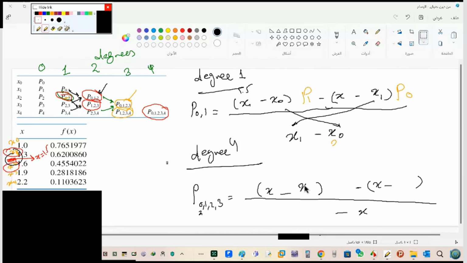So first value is x0, second value is x3, x3 minus x0, and this came from this and this, so it's P1, 2, 3, 4. Here it is B0, 1, 2, 3. Is it hard or easy? If you know the formulas, how you can write the formulas, it's easy after that.